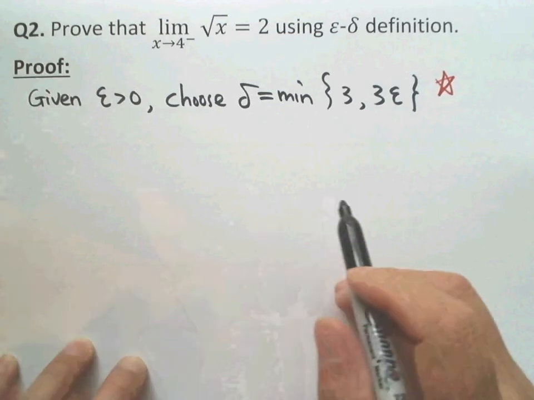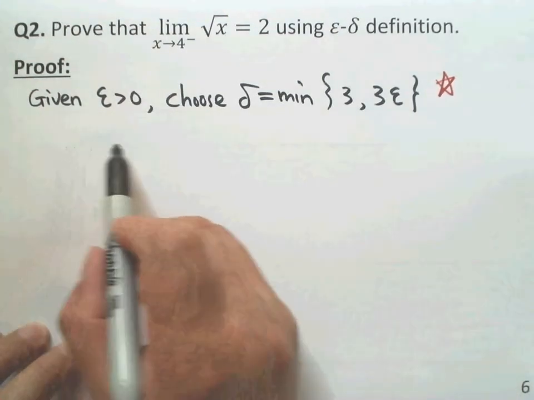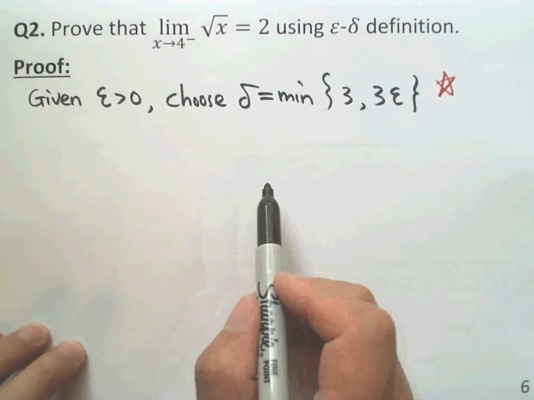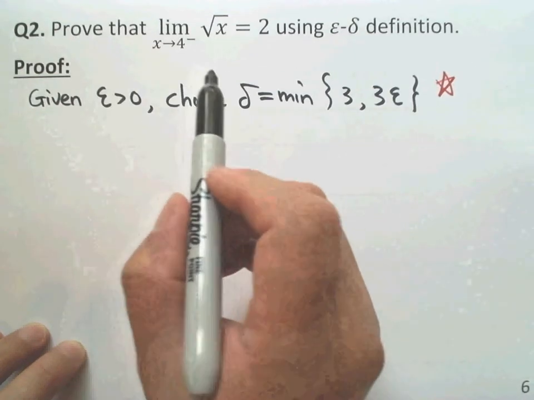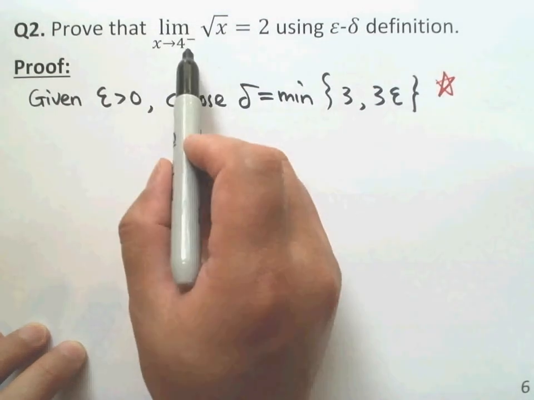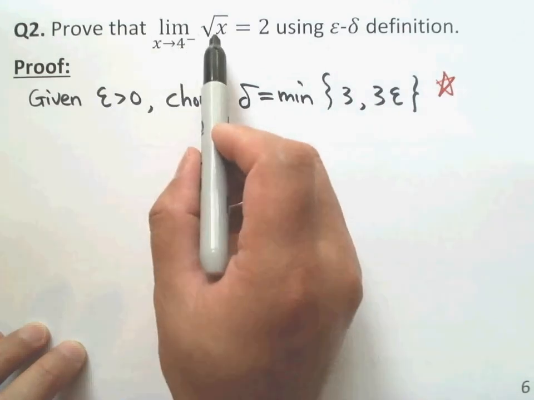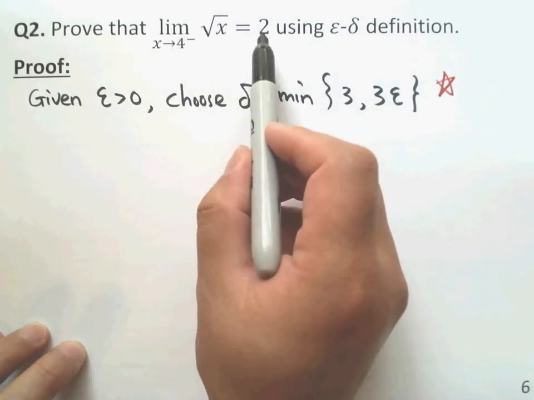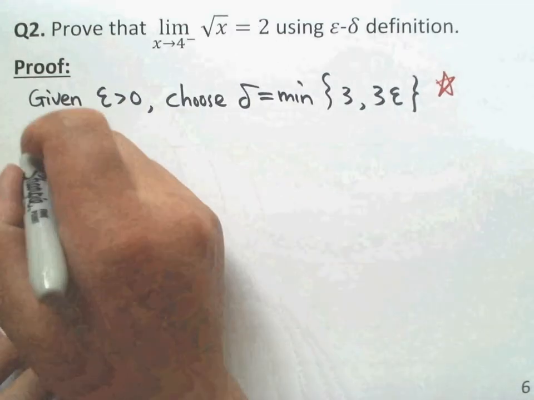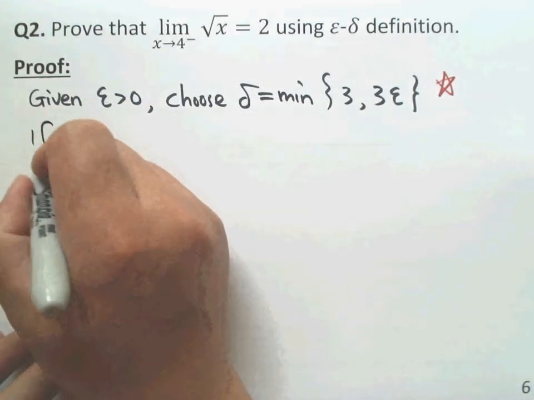So this is the most important, so we'll copy it here. And then what do we have? I can write down the statement. We say the statement is true. What is the statement? When x is going to the delta neighborhood of 4 on the left side, f is going to the epsilon neighborhood of 2.